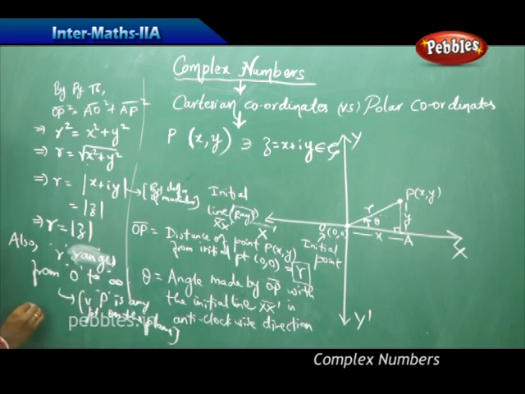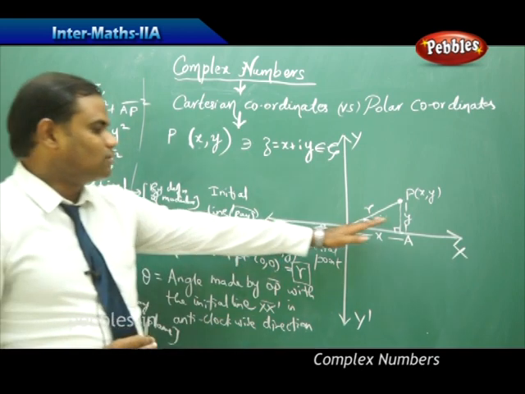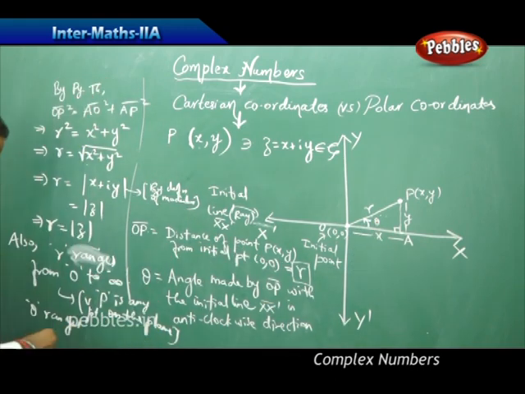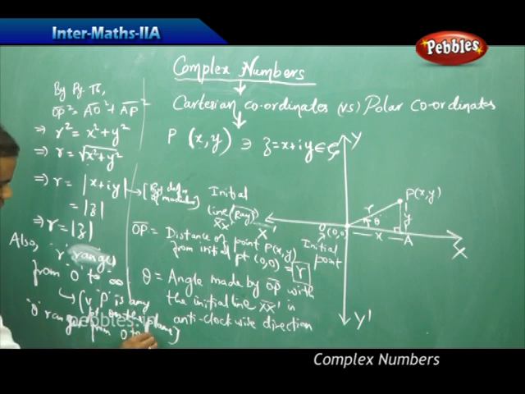And not only that, theta ranges from 0 to 2 pi, because it starts at 0 and ends at 2 pi, one full circular revolution. Theta ranges from 0 to 2 pi is how we understand.